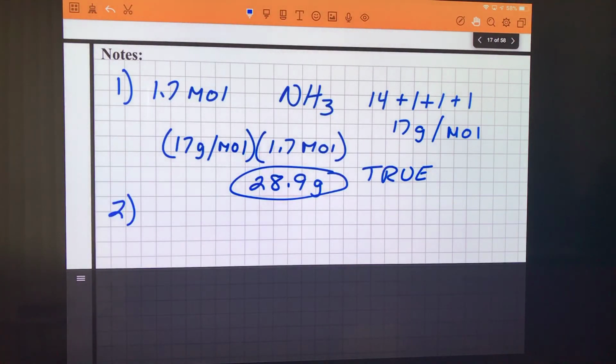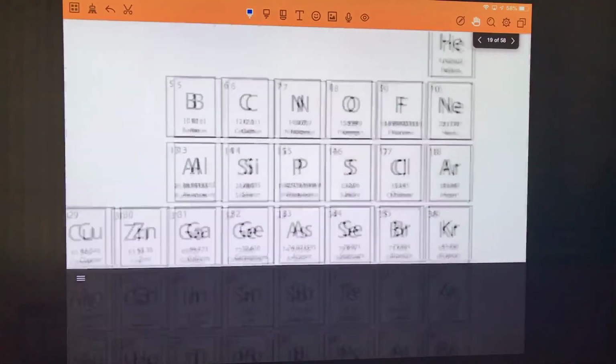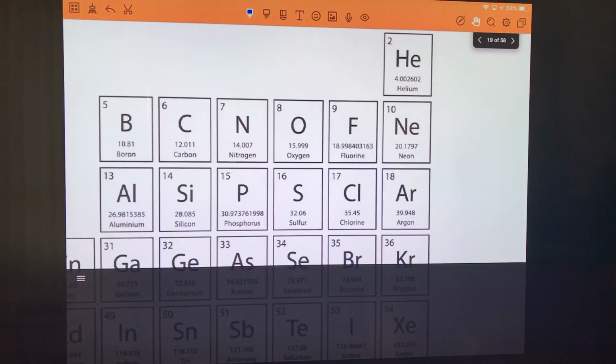All right, number 2, 1 mole of O2. We got to keep in mind here, there are 2 of those oxygens. So we're going to look at oxygen, and it says 15.999. We're going to round that up to 16.